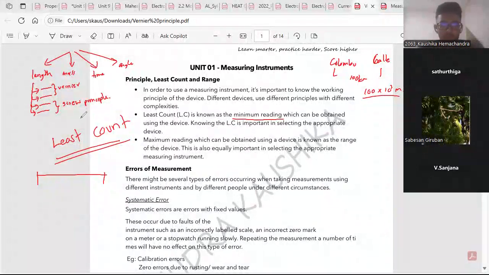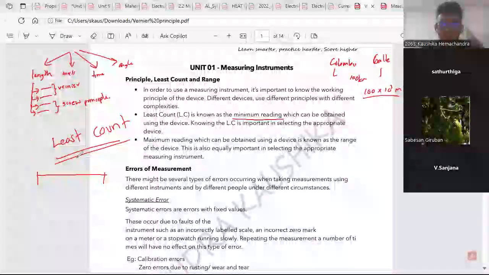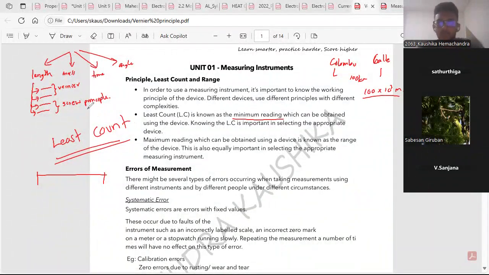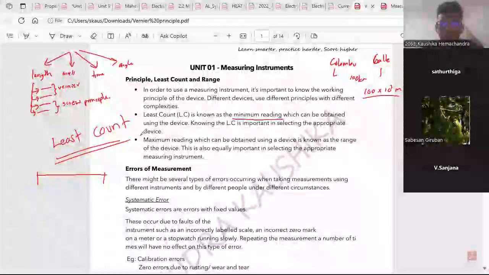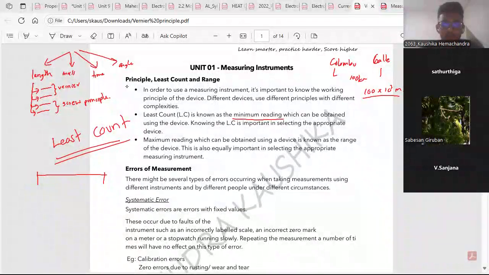So that's also not practical, and it's difficult to get the reading as well. Difficult to handle the instrument when measuring something that's smaller. So there are other instruments such as the Vernier Caliper that can get the readings for that rock very accurately and easily, more accurately than by using a meter rule.